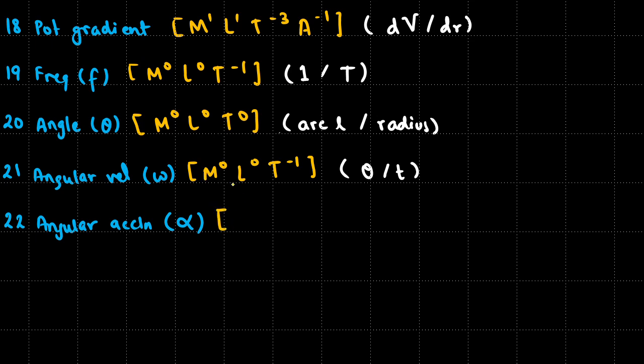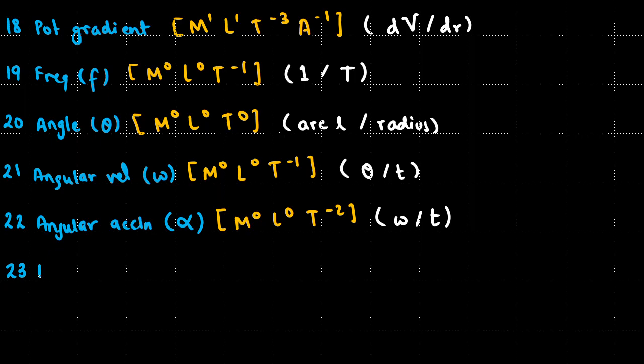Its dimensional formula is M0 L0 T minus 2, because its formula is omega by t, angular velocity upon time. Here you can also realize that acceleration and angular acceleration do not have the same dimension. This is also a very good insight to have.